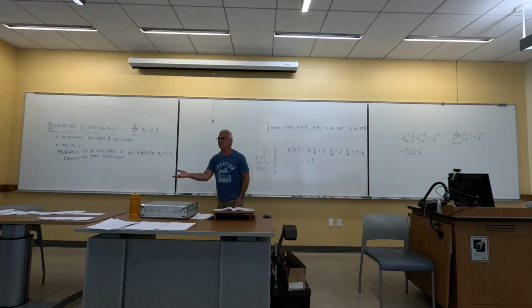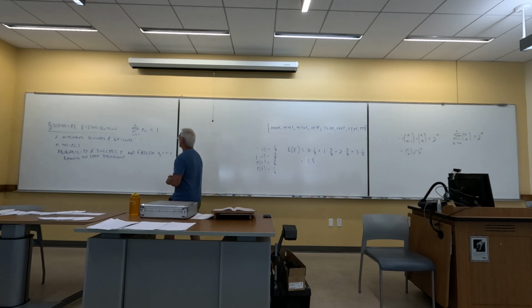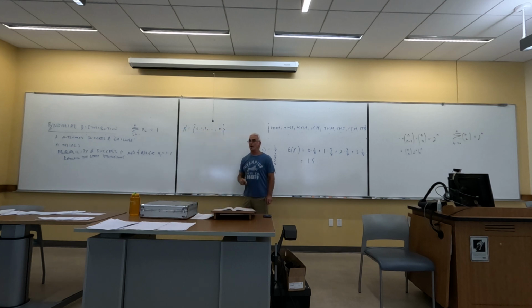Something like rolling the 6 or guessing on a multiple guess test is probably a better example. So here's the thing. If x represents my random variable, I did n trials. In my n trials, I can have 0 successes, I can have 1 success, I can have 2, I can have 3, all the way up to n.